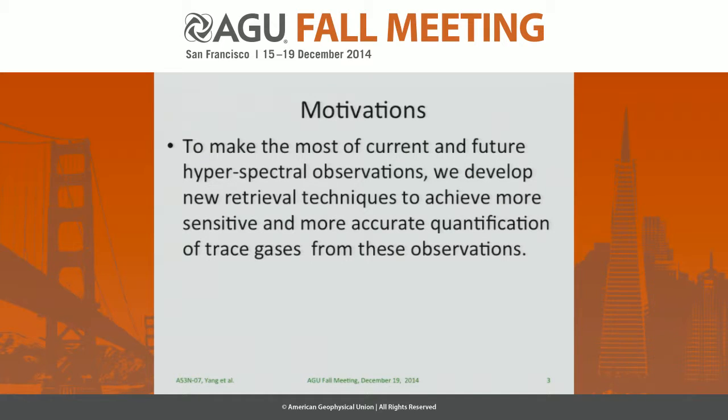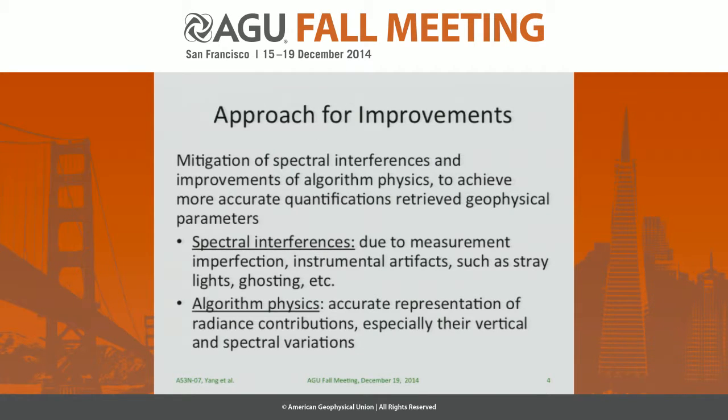We developed new techniques to achieve more sensitive and more accurate quantification of trace gases. Our approach tries to be as general as possible. We wanted to reduce the spectral interference as well as improve the algorithm physics, and both go hand in hand.